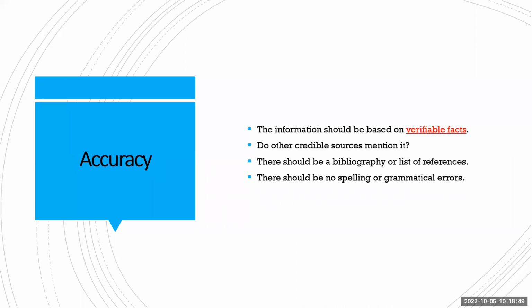The accuracy should be facts that you can verify somewhere else, right? And a lot of these research articles and findings have their bibliographies, right? Their list of references that they used. You can also view some of the resources they're using to determine its accuracy.